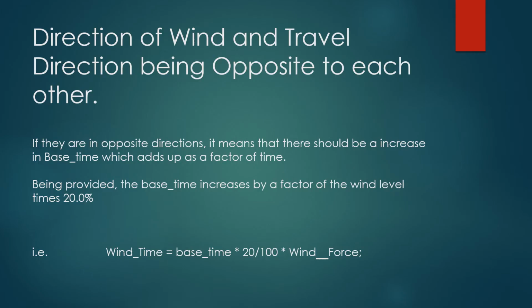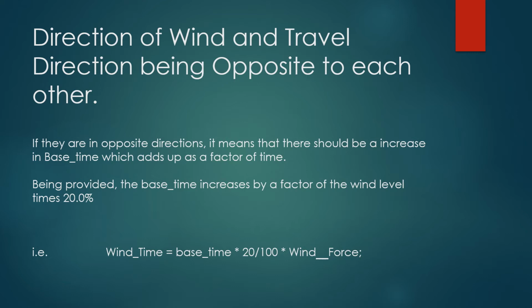Now, most importantly, when the direction of wind and direction of travel are opposite to each other. It makes sense that if both directions are opposite, the driver shall experience some force against them, that is, the speed might decrease.